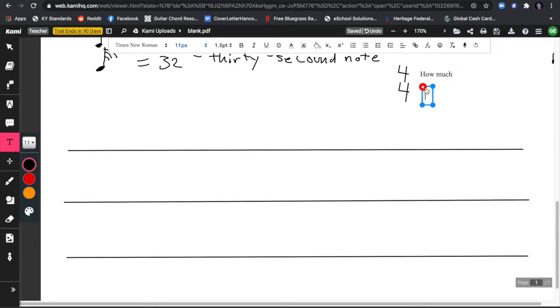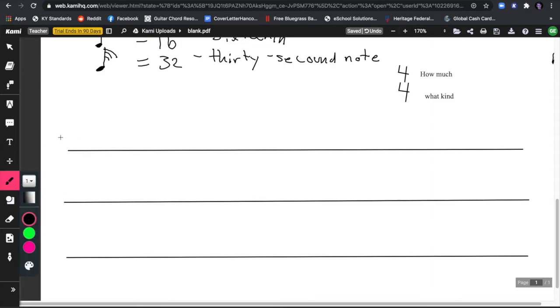And how many? So, how much? What kind? How much and what kind? We're going to get to know our time signatures.